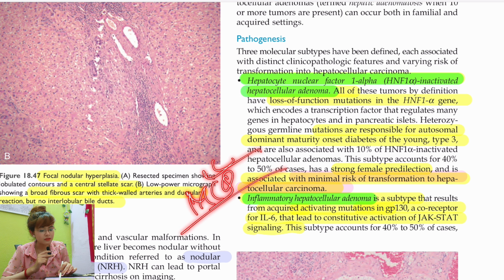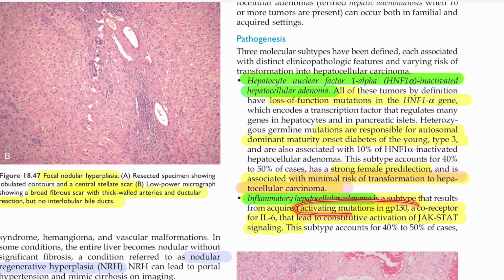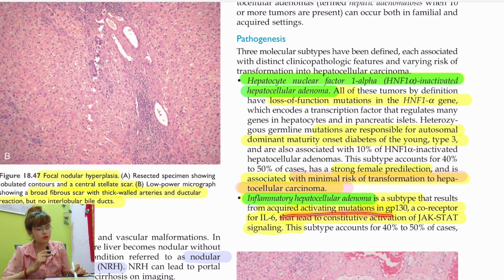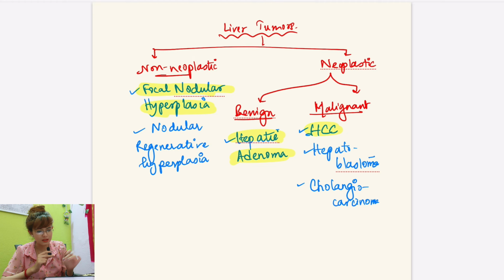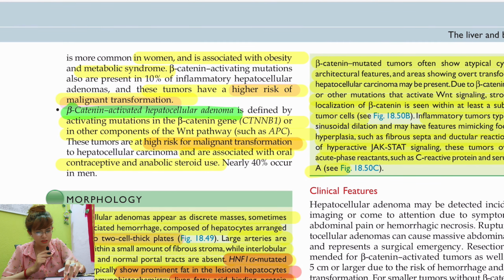The next point is the inflammatory hepatocellular adenoma, and this has an activating mutation in GP130, which is a co-receptor for interleukin 6 that leads to activation of the JAK-STAT pathway, and this is basically the pathogenesis of this particular entity. And this is again associated with obesity and metabolic syndrome.